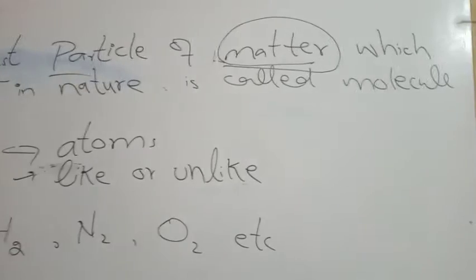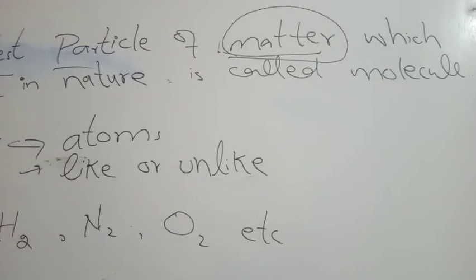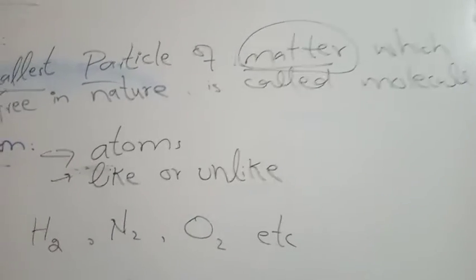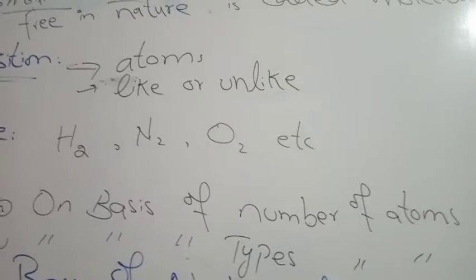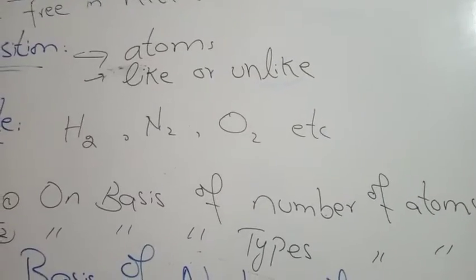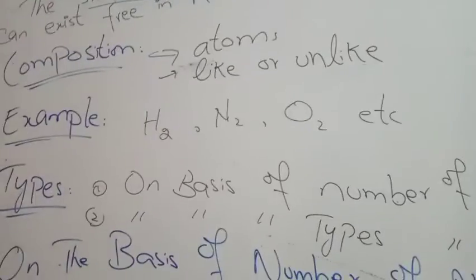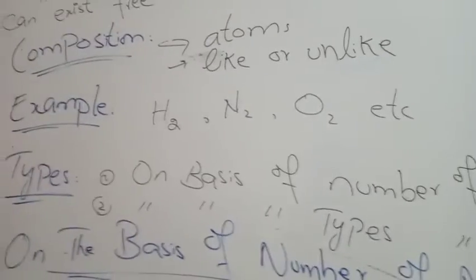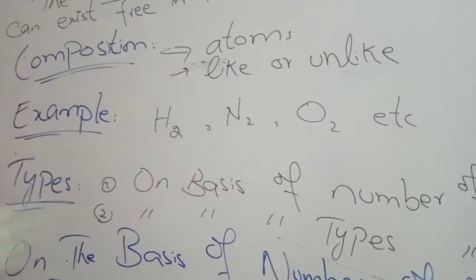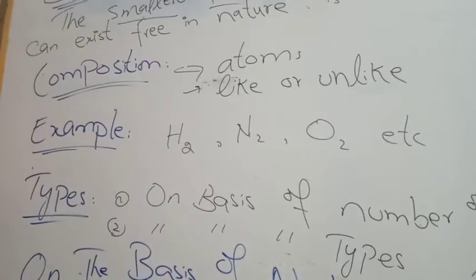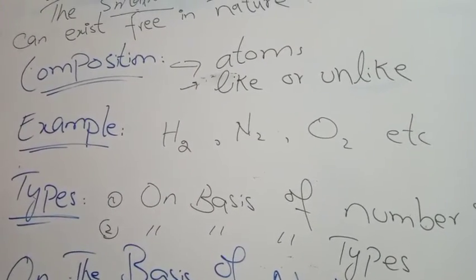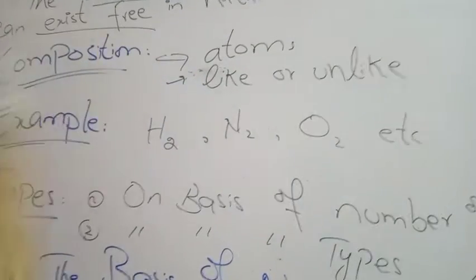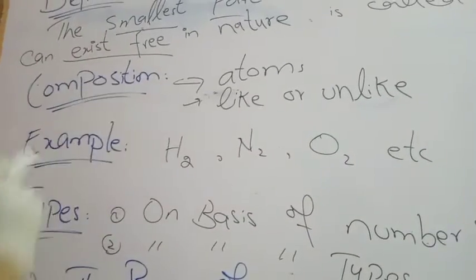Those students who have joined us from this video should watch my previous videos in which I discussed matter. Now, a molecule is the smallest particle of matter which can exist free in nature.